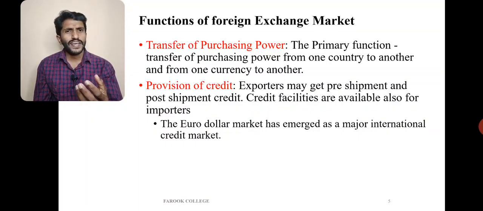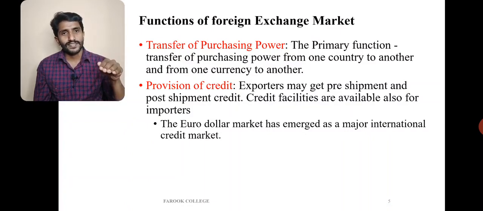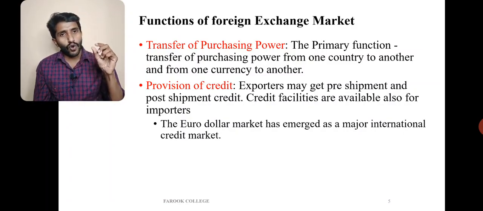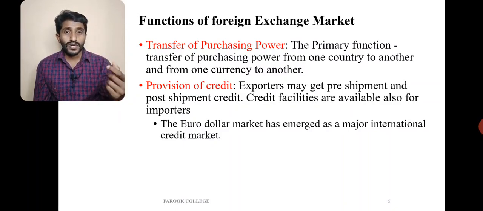Why is it called the euro dollar market? Because it is a market of securities in dollars which exists not in the US but in some other countries, like in Europe or any other country. All the securities might be denominated in dollar terms, but it is not in the US, it is in some other country.